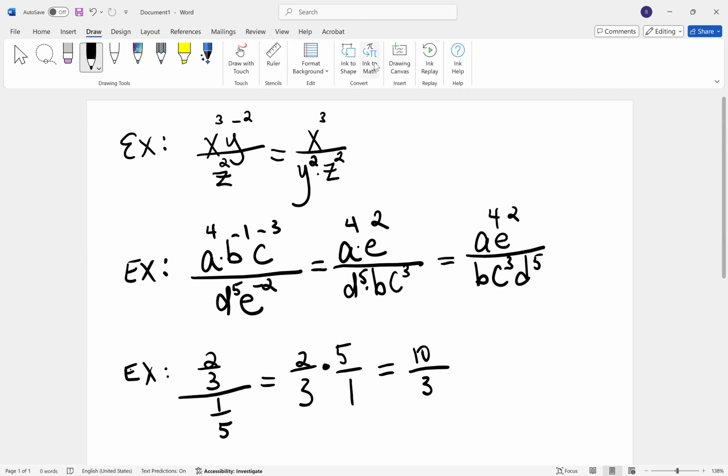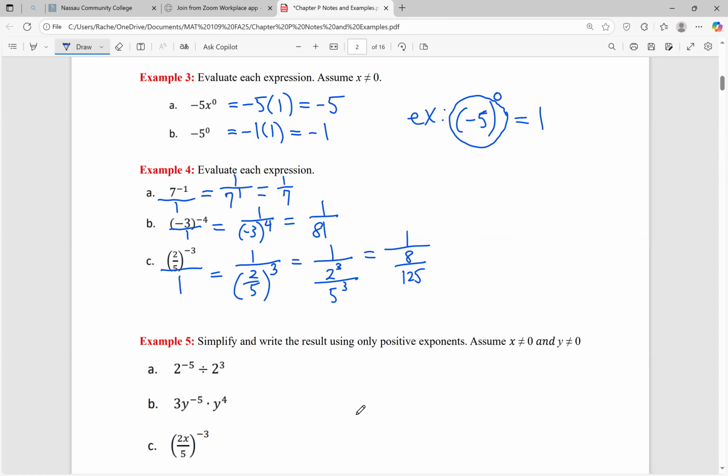So let's go back to the example that we were just looking at. Here, I have a 1 in the numerator, or 1 over 1, same thing, now divided by 8 over 125. So I change division to multiplication, and then I take the reciprocal of the denominator.